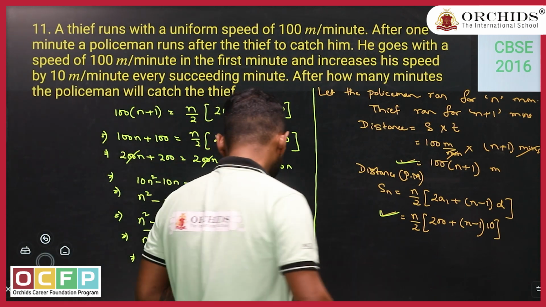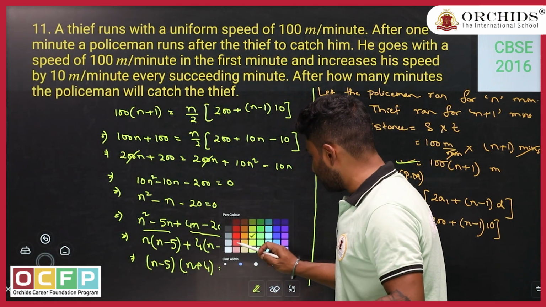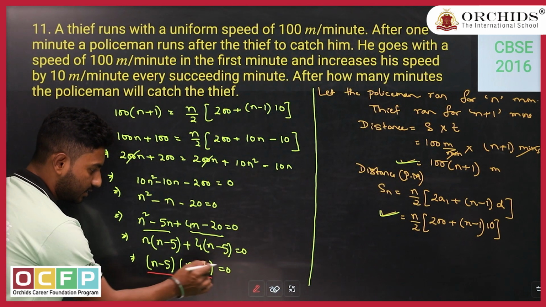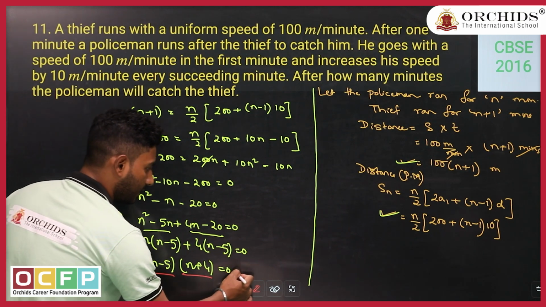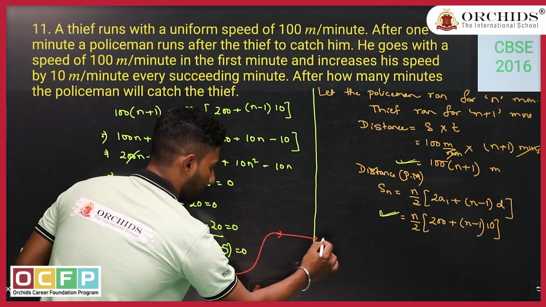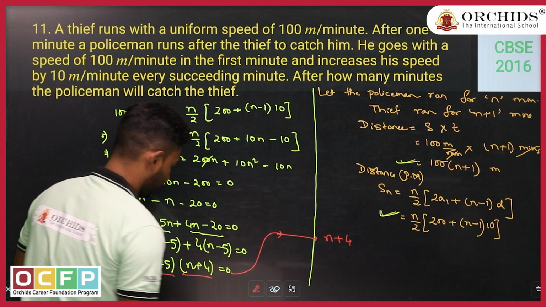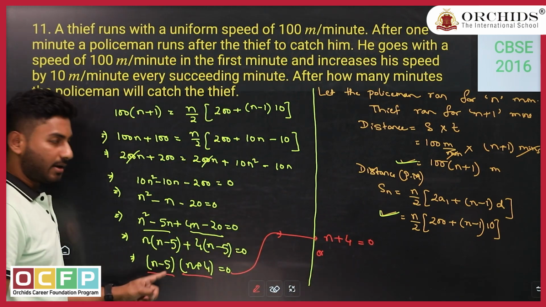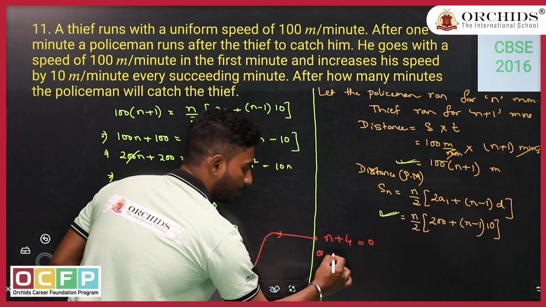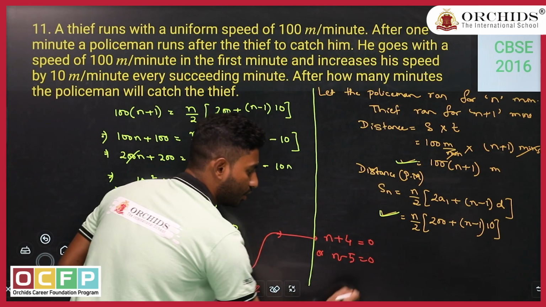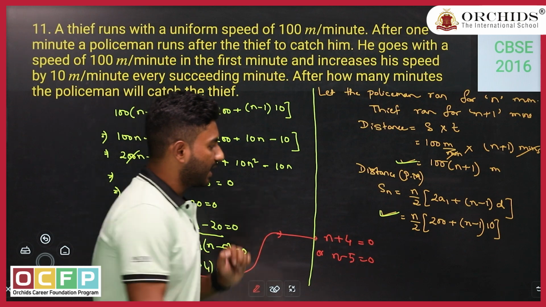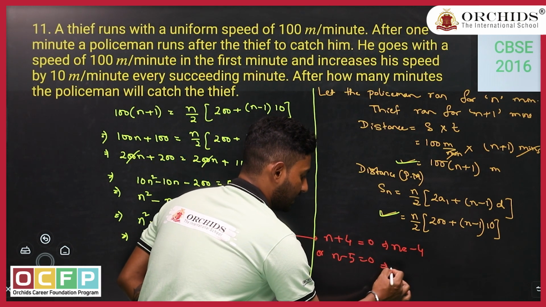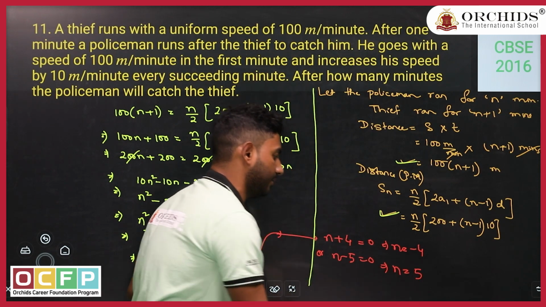If the product of two numbers is 0, can I say either one is 0? Either n plus 4 equal to 0 or n minus 5 has to be equal to 0. Otherwise the product can't be 0, right? So from the first equation I am getting n is equal to minus 4, and from the second equation I am getting n is equal to 5.